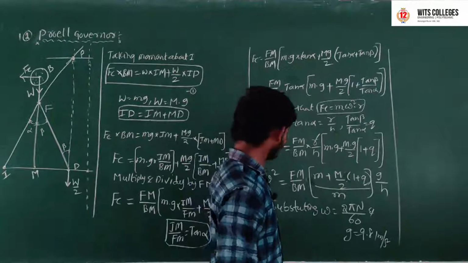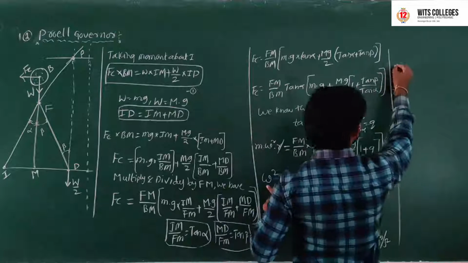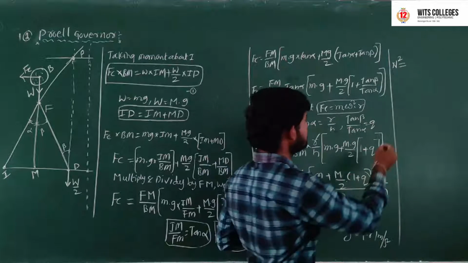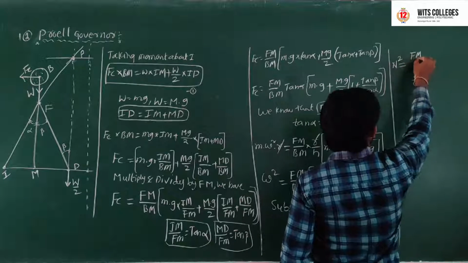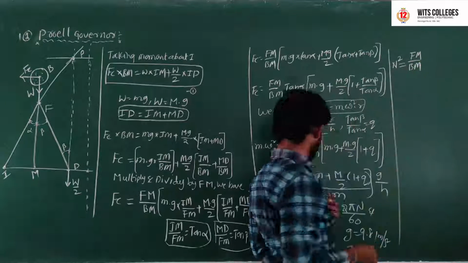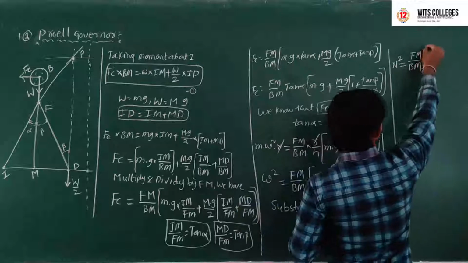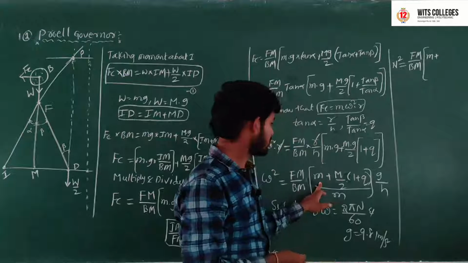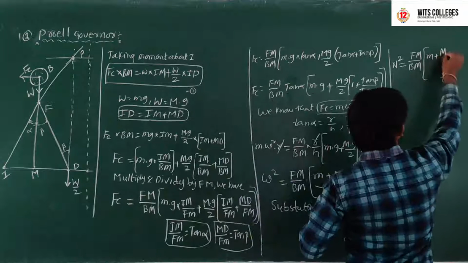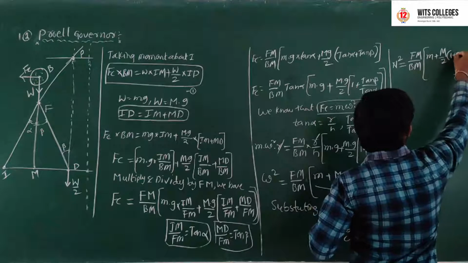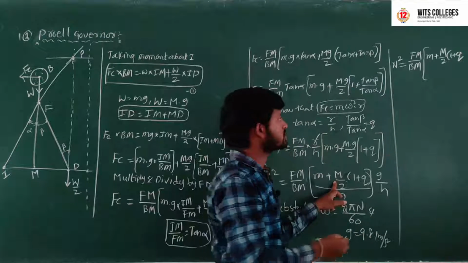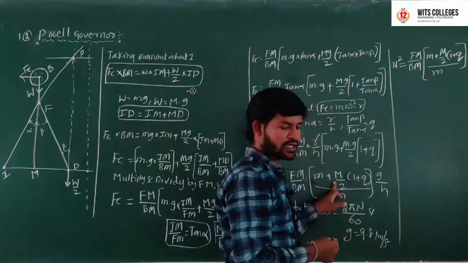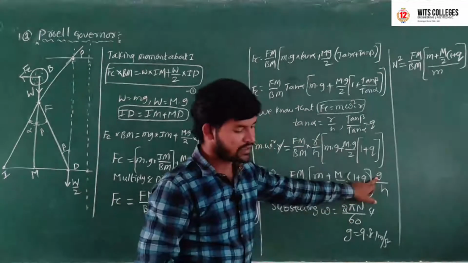That Proell equation is n square equals Fm by Bm into m plus Fm by Bm into m plus capital M by 2, 1 plus q, divided by m, into g value 9.81.